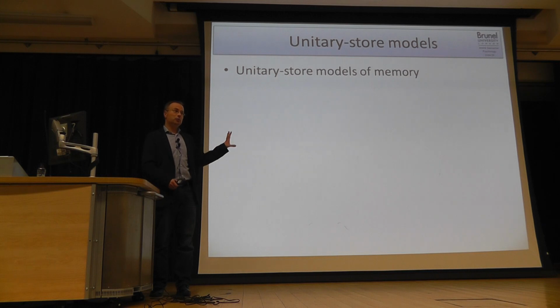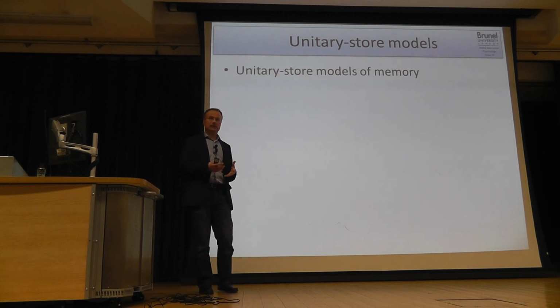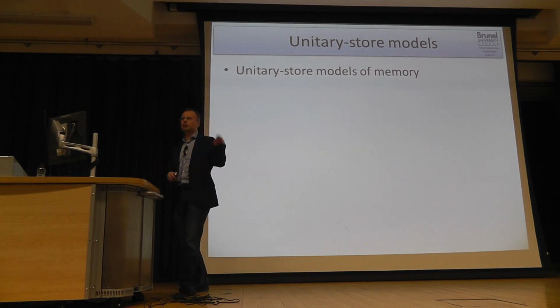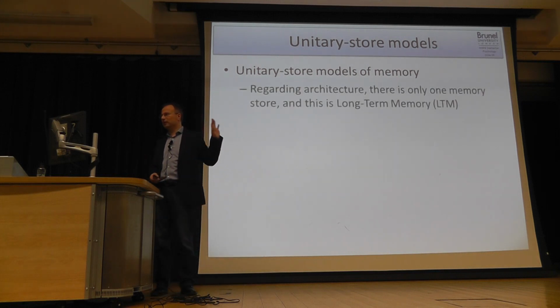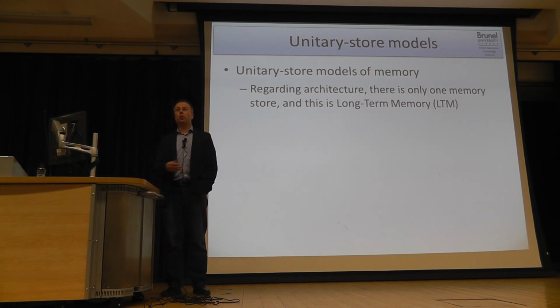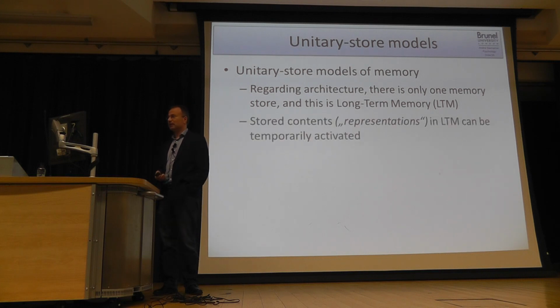However, it's a good way to illustrate in how different ways you can think or build models of things. Because we all think, oh yeah, we have short-term memory, long-term memory. This model actually has a different conceptualization. The idea is we only have one memory store. That's why it's called unitary store models. And that is long-term memory and nothing else.